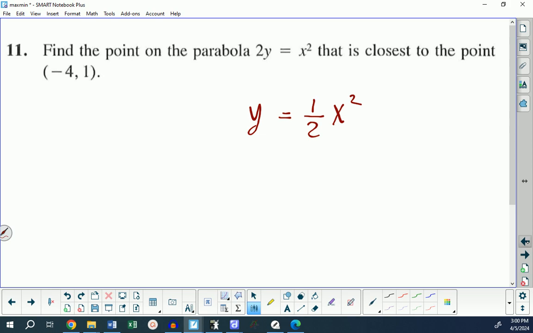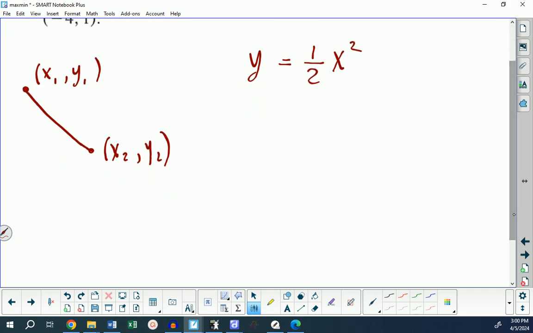And we used to teach that anytime you have 2 points, the distance between the points has a formula. And the formula happens to be this.